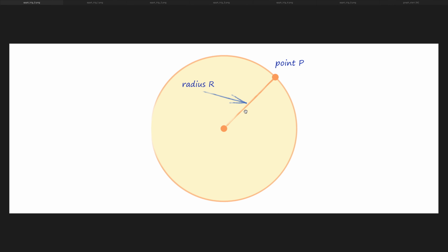The other key bit of information is how far around it's actually gone, the angle. Is it here? Is it over here? Is it over here? How far around has it gone? And a good way of describing that is the angle it's made. Now, angles are something that we come across when we were young in school.